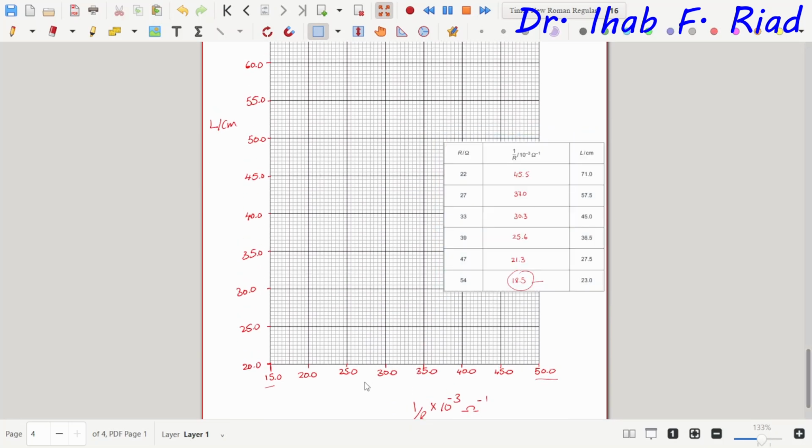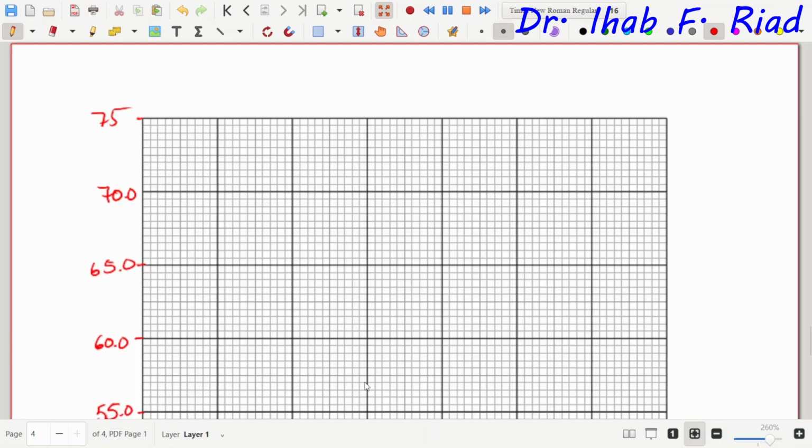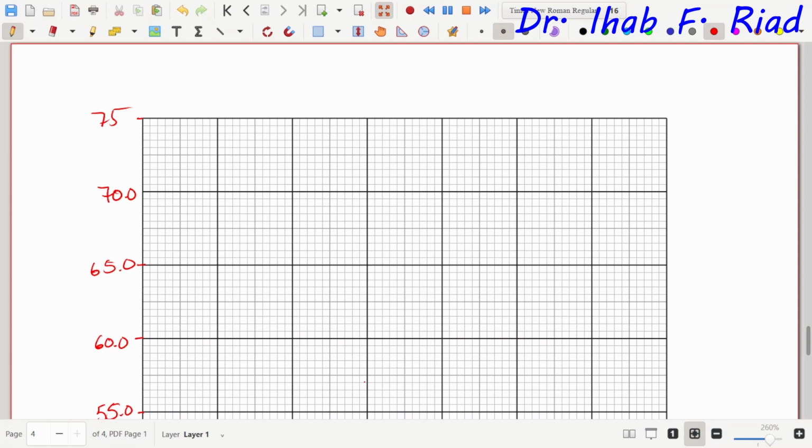First, remember on the x-axis, every square is 5 units. Again, on the y-axis, every large square is 5 units, meaning that each small square here is 0.5, and here it is again 0.5.